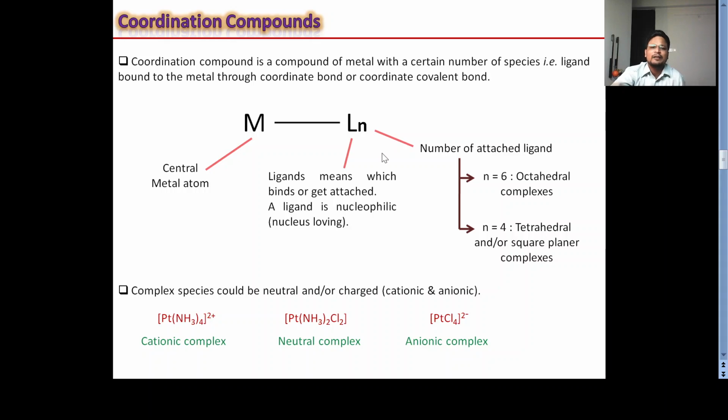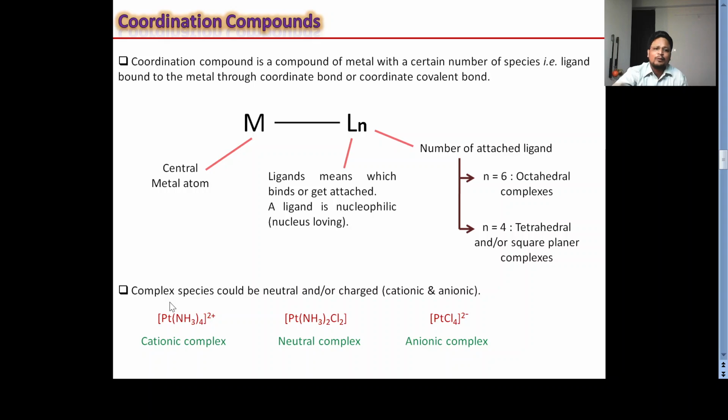If the number of ligand is equal to 6, then it generally produces octahedral complexes. While if the number of ligand is 4, then it produces tetrahedral and square planar complexes. Here one important thing, we are discussing only monodentate ligand. Basically here the coordination number totally depends on the denticity of the ligand.